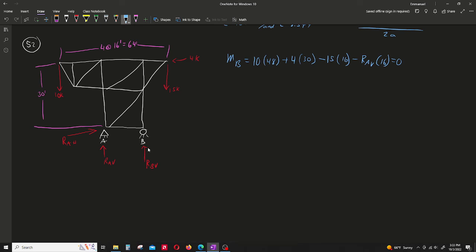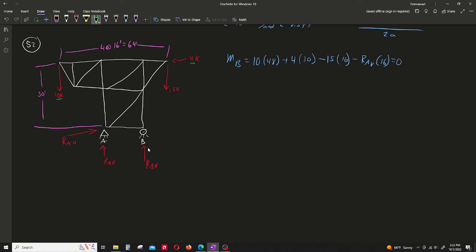So MB, just to make sure we're all on the same page, is the moment about B, which is this point here in green. We have a force that's 48 feet away, that's this one here. We also have a 4 kip force, which is vertical, but it really doesn't matter, it's 30 feet away.